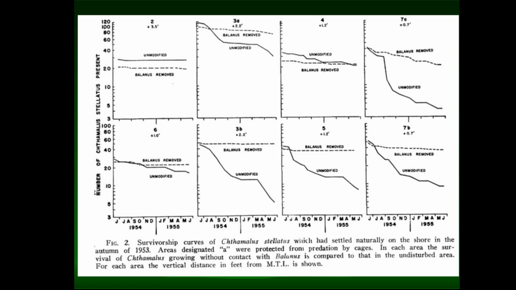All right, so if you look at this graph, both the bold and the dotted line are the number of Thamylus individuals, the density of the Thamylus at these different months and years, 1954 and 1955. Where he removed the Balanus, the Thamylus individuals stayed relatively constant over time.